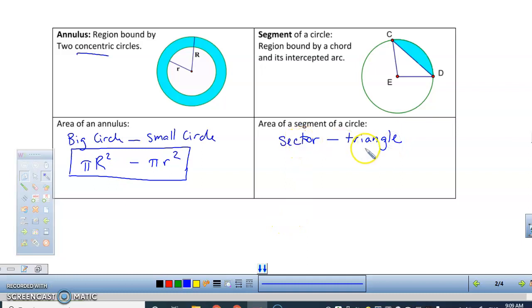So you have to think sector minus triangle when you're doing the area of a segment. I don't really ever write out a formula for this because it depends on the situation, as far as what you are going to use to find the area of that triangle. So just remember it as sector minus triangle, and however you can find those areas, you're going to use that.